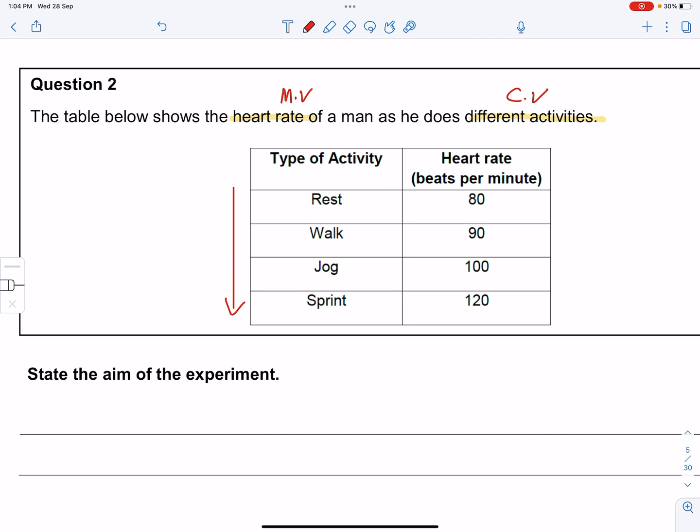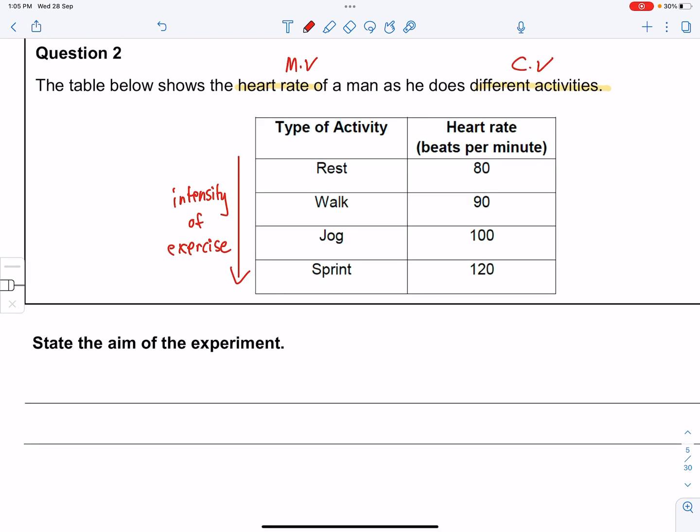It increases, right? Resting is the least intense, and then you have walking, jogging, and sprinting being the fastest. So actually, this is the intensity of exercise, right?